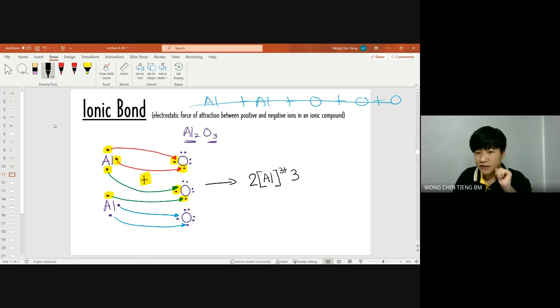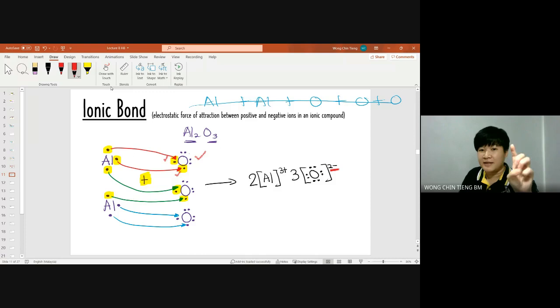I will have 3 oxygen that right now having 8 valence electron that holding 2 minus charge. Kenapa 2 minus? Because every oxygen accept 2 electron. So 1 oxygen is 2 minus. Tapi saya ada 3 oxygen.